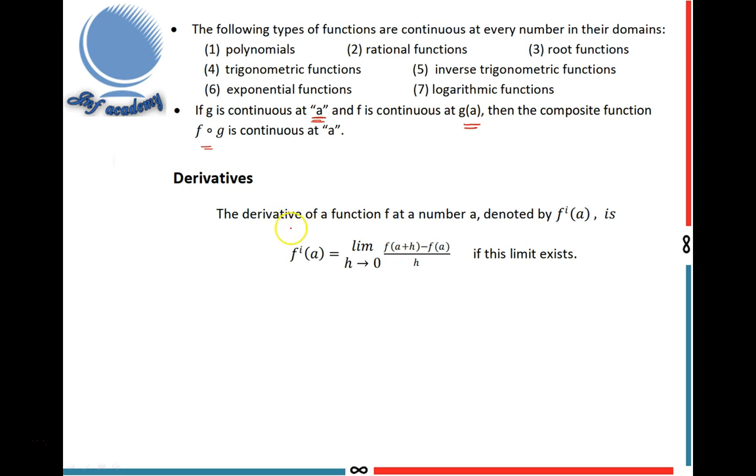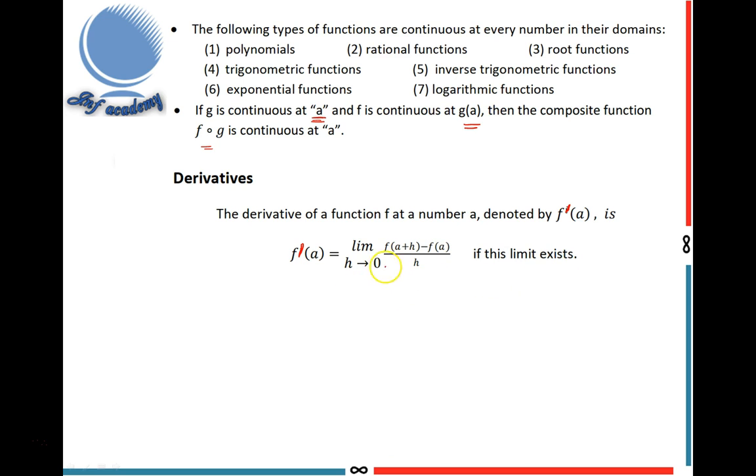Next, I am going to explain what a derivative is. The derivative of a function f at a number a, denoted by f dash of a, is f dash of a equal to limit h tends to 0 of f of a plus h minus f of a, divided by h, if this limit exists.